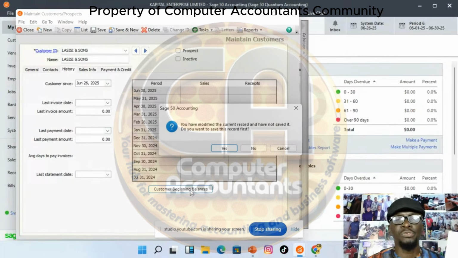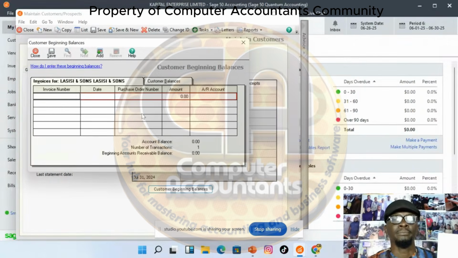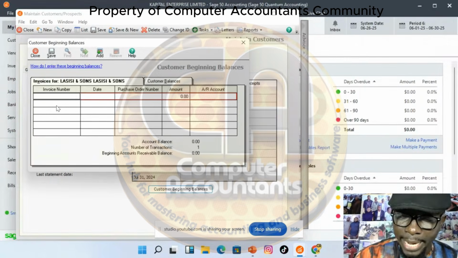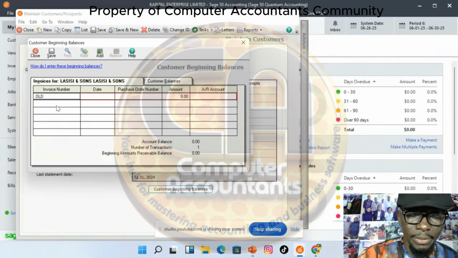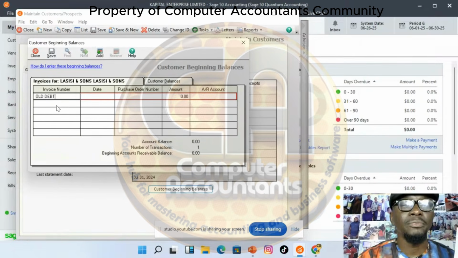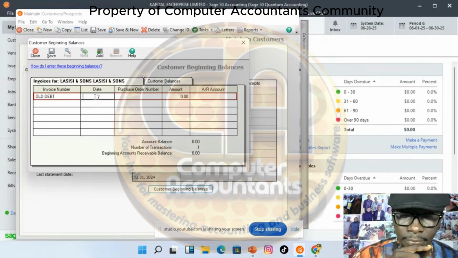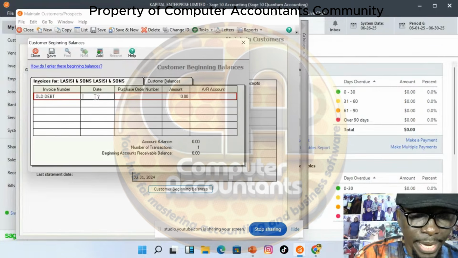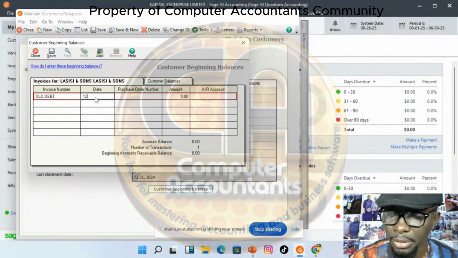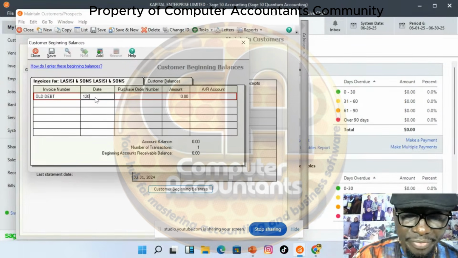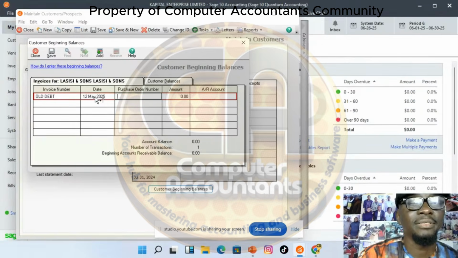Whatever pops up here, just click yes. So that invoice number, I can call it old debt. Okay, date, let's say May. Let me use 12/05/25.